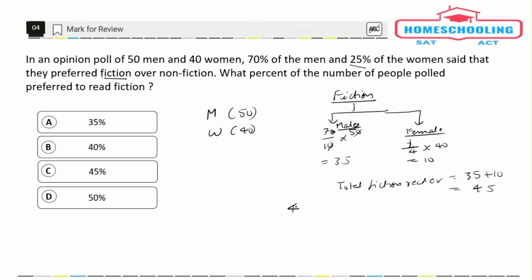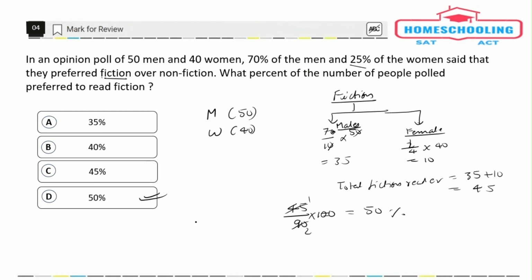So 45, those who read fiction, divided by the whole number of men and women, that would be 50 plus 40, that is 90. So this would be 1 by 2. And if you want to convert fraction into percentage, we multiply by 100. So this one would be 50%. So the answer would be 50%.